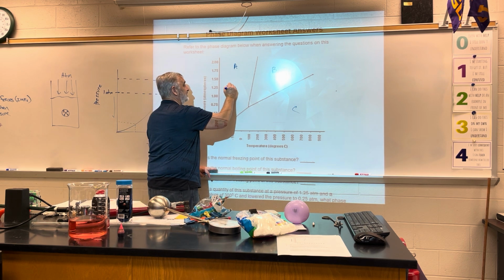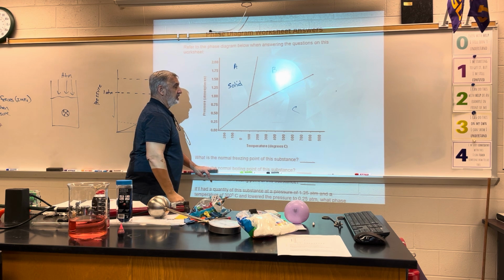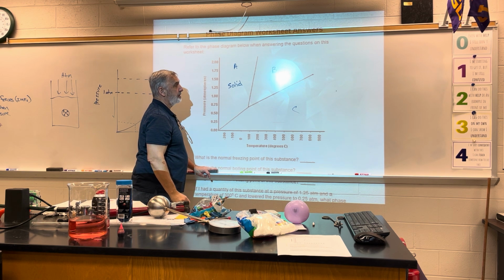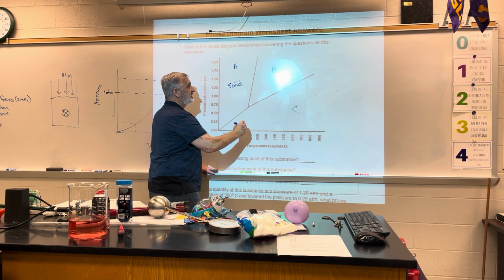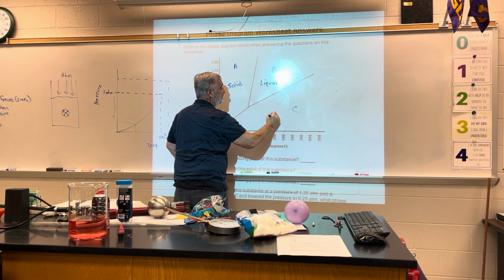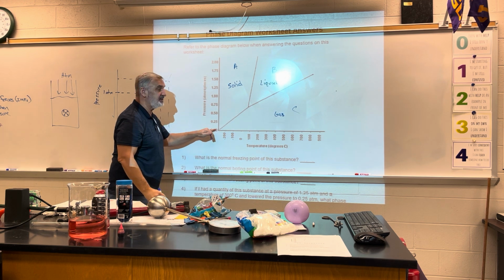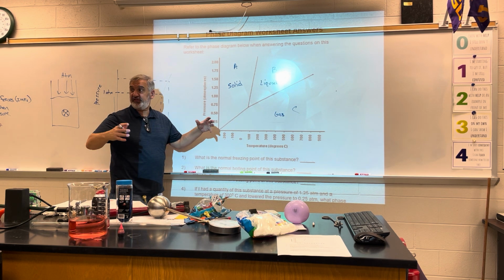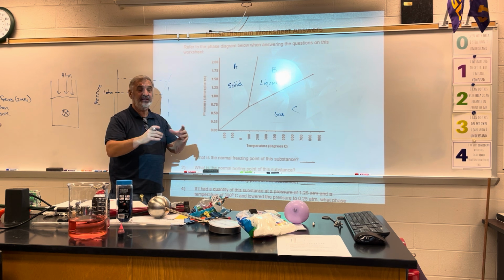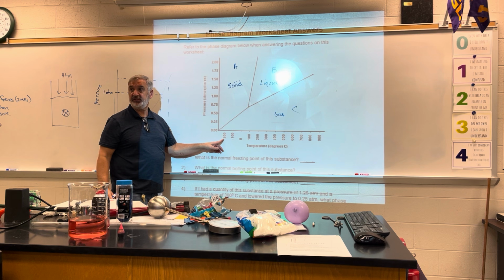A is going to be your solid. Okay? B is where it's going to be a liquid, and C is where it's always going to be a gas. So as I take the pressure off and get down here, there's nothing holding the molecules kind of together. It can be a gas way down even at low temperatures.